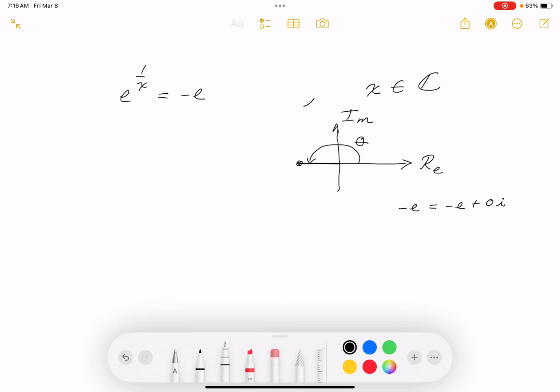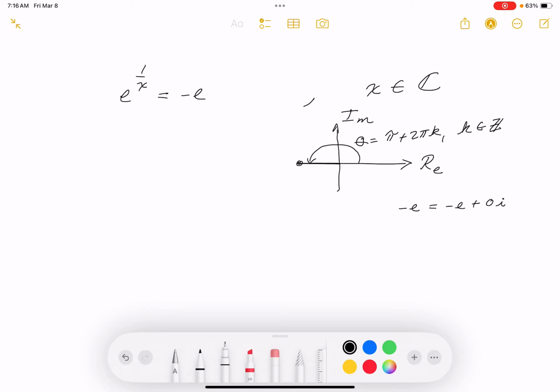So this distance over here is just e, and that's what's called the modulus of the problem. So the argument is pi, but it keeps repeating itself every 2 pi k, with the understanding that k is some integer. Could be 0, could be 1, could be minus 1, whatever.